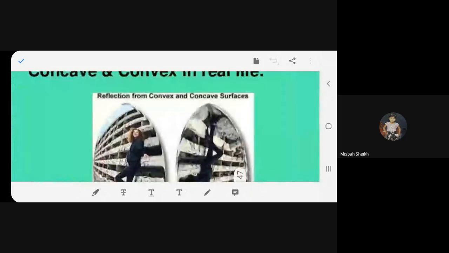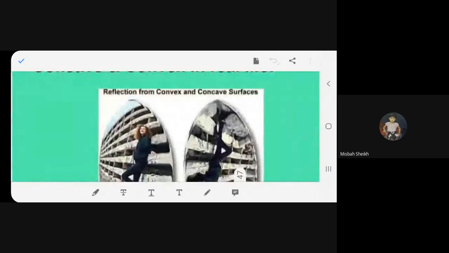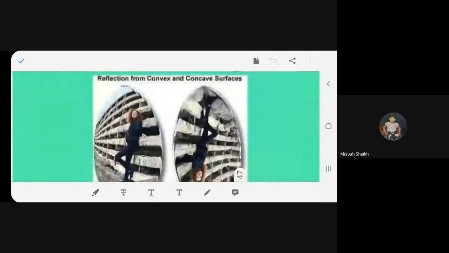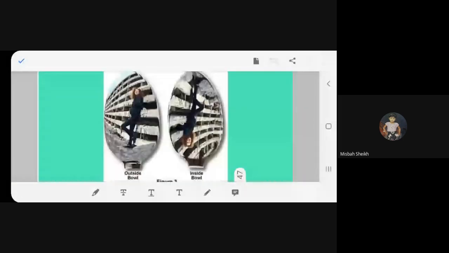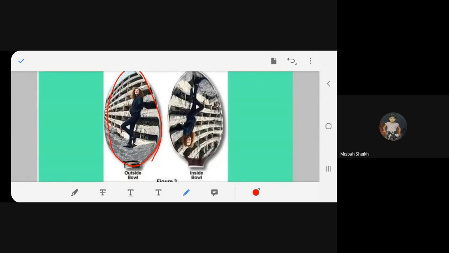Now, in real life, what is concave and convex? This is a spoon. This is the outside of the spoon. Can you see this one? So what will it look like? It will look like this. And when you see the inside of the spoon and you try to look, you will be inverted.